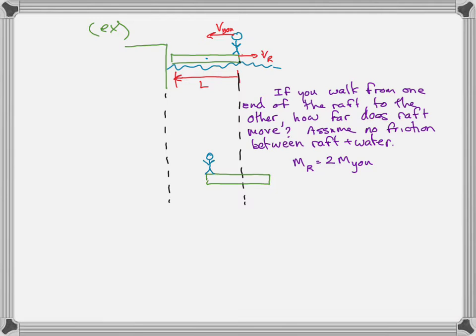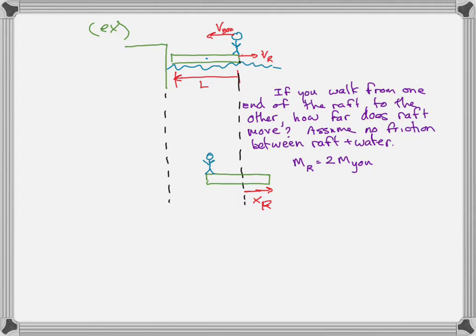You've moved something less. Let's say that the raft has moved some distance. We'll just give it a distance. Let's say that this distance the raft has moved is, just call it x sub r. So the distance that I have moved is L minus x sub r relative to the dock.